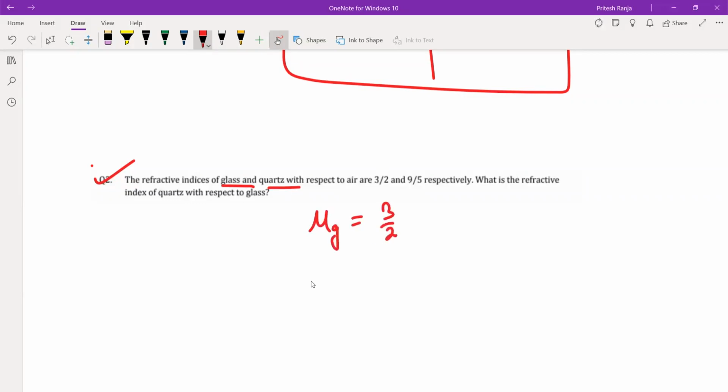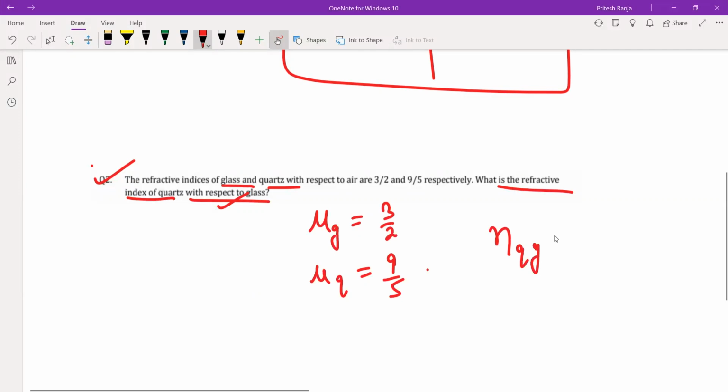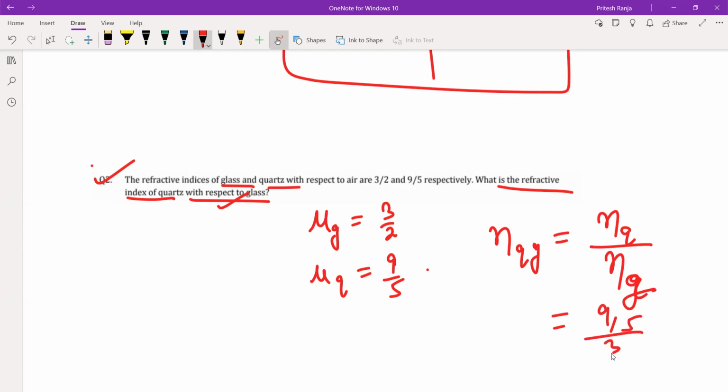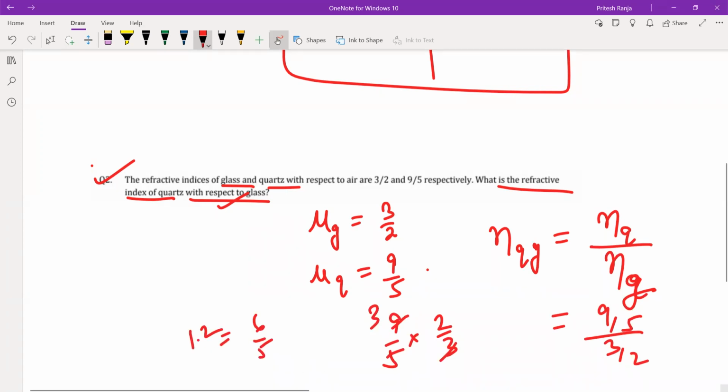So glass, it is 3/2. With respect to air, the refractive index of quartz is 9/5. What is the refractive index of quartz with respect to glass? So whatever is written with respect to, we just bring that in denominator. So refractive index of quartz with respect to glass, that will be the refractive index of quartz over refractive index of glass in the denominator. So we will get here 9/5 over 3/2. So that will be 9/5 into 2/3. So it will be 6/5. That will be 1.2. All right.